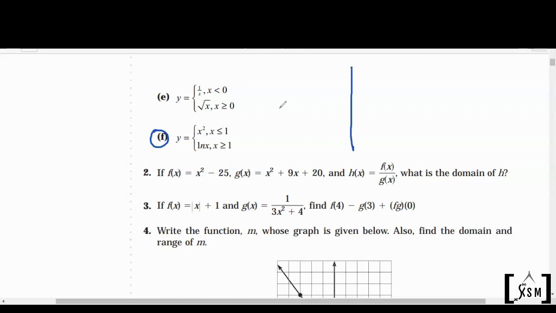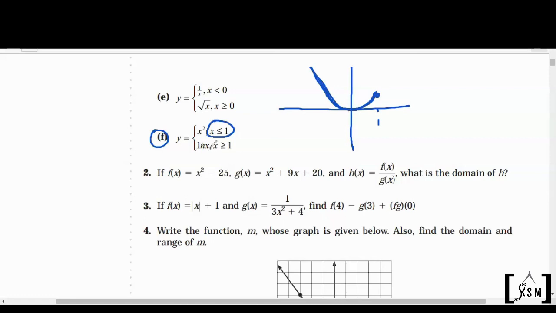Okay. Part F. It is again a piecewise function. The graph we have to draw is y equal to x square, where x value is less than or equal to 1. So this is 1. For all the values less than or equal to 1, we can draw the graph, and for the values greater than 1, we'll erase it. Good. So it is defined only up to 1.